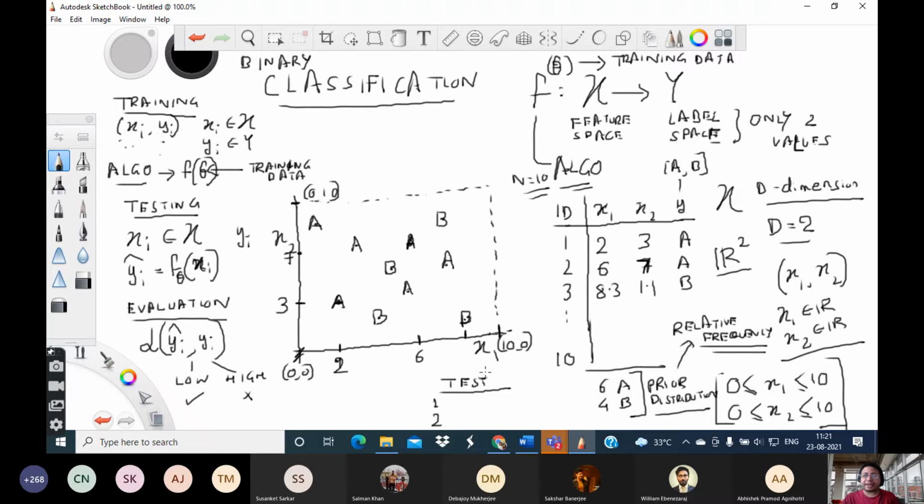It says that if you are given a training data set, then even without seeing any feature of any testing point, you will already have an idea about what a test point may be. Why? Because you know the different frequencies of the different labels. One label may be more frequent than the other.